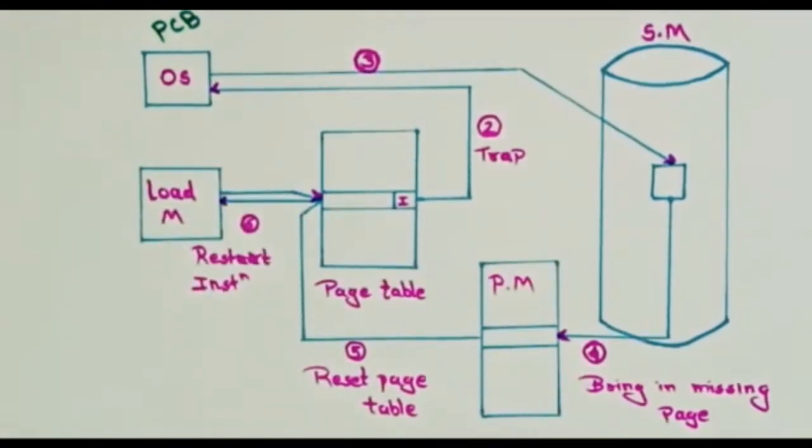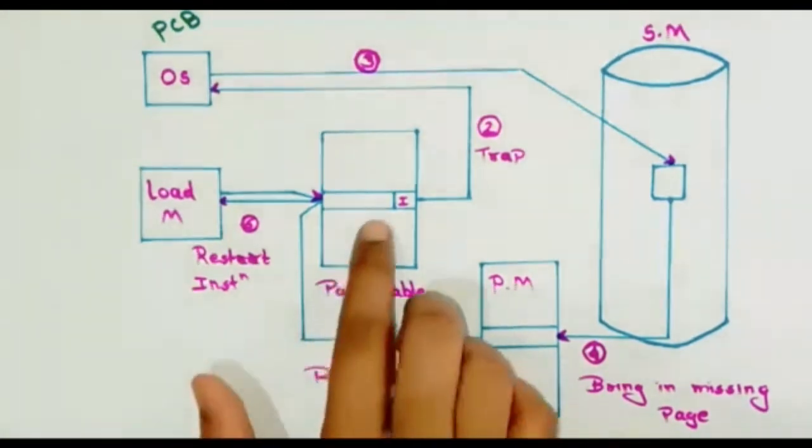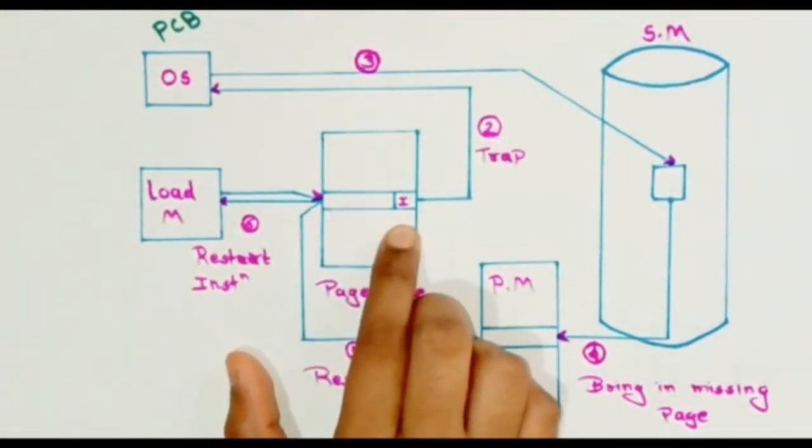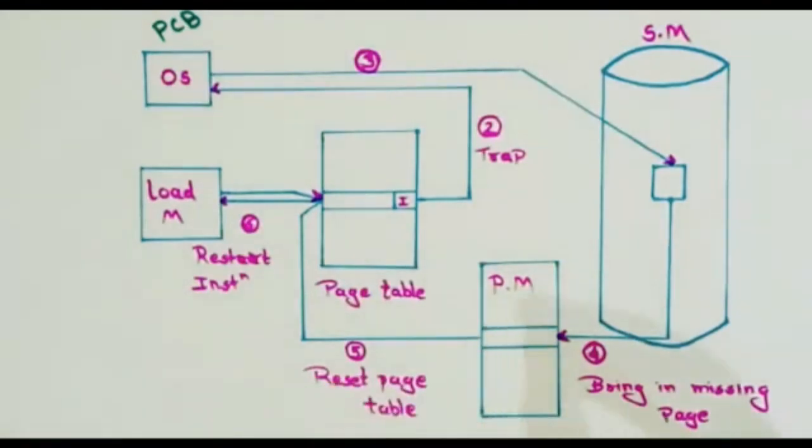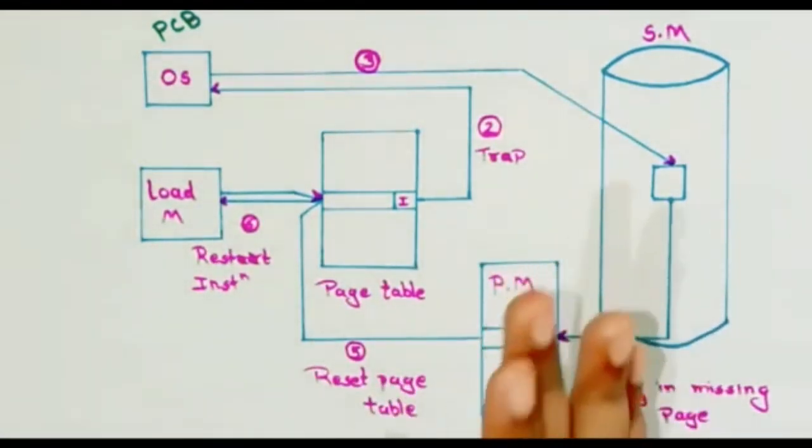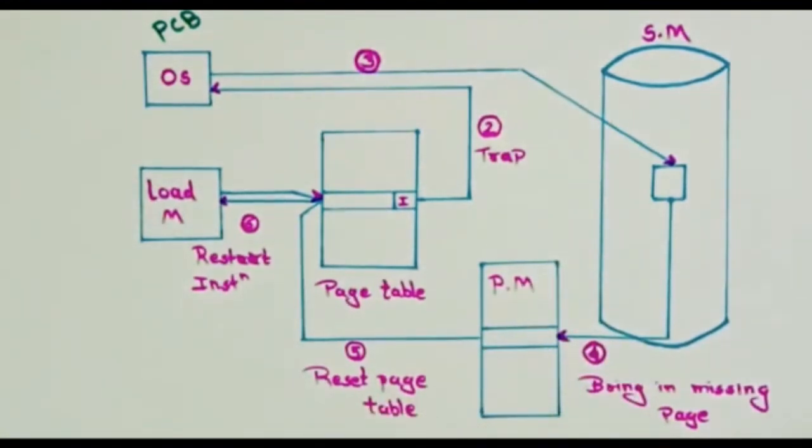So you restart the instruction and demand the page again, and this time it should be valid. So this is the new frame, that is the demanded page. This is how the page fault is handled.